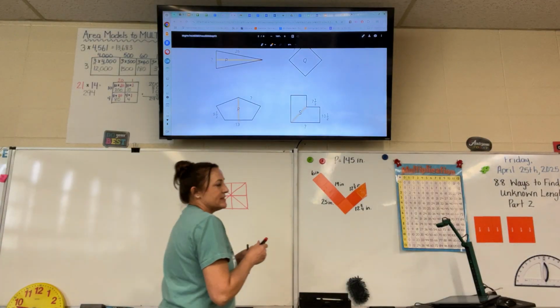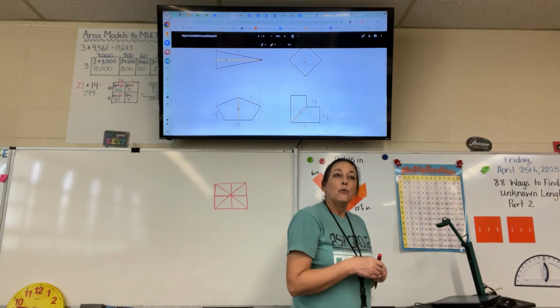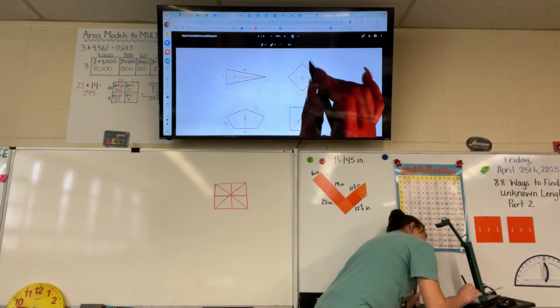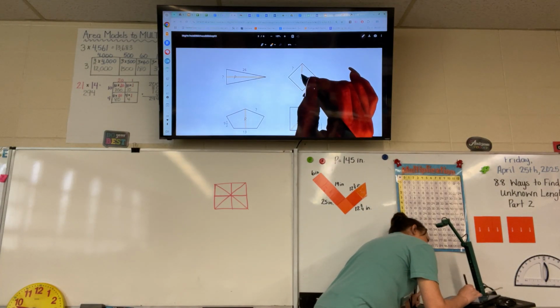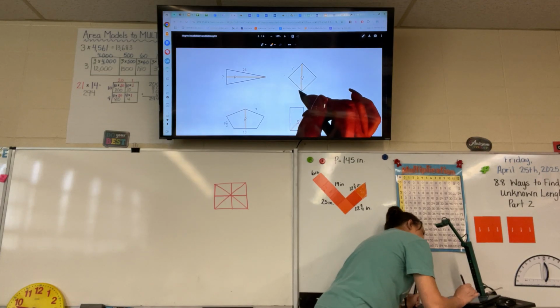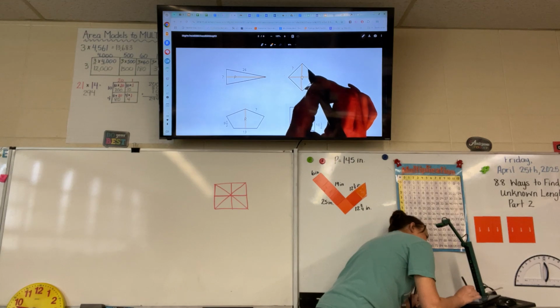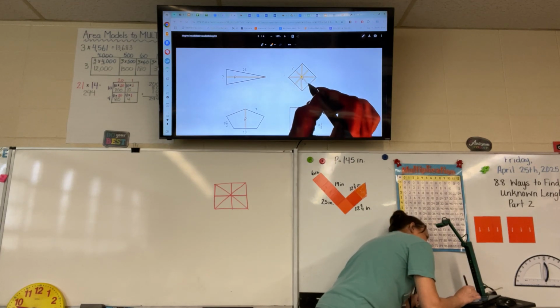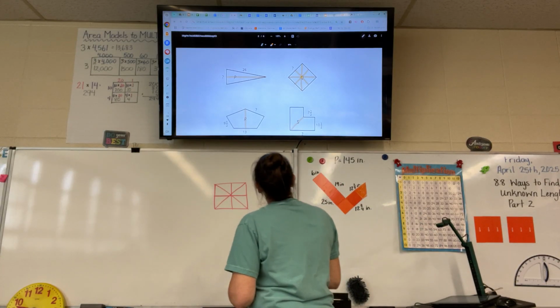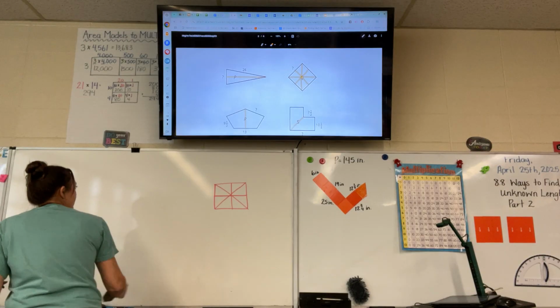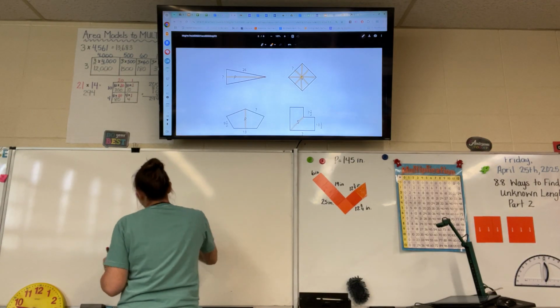That's how we know that all the sides are equal when it has 4 lines of symmetry. Okay, so we've got 1 from corner to corner, 1 from corner to corner, 1 from side to side, and 1 from side to side. Okay, now we have to figure out what these unknown side lengths are.